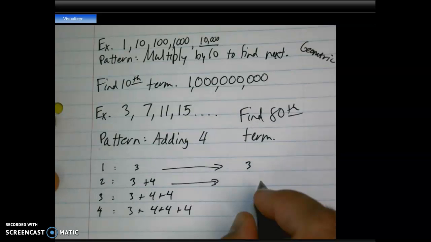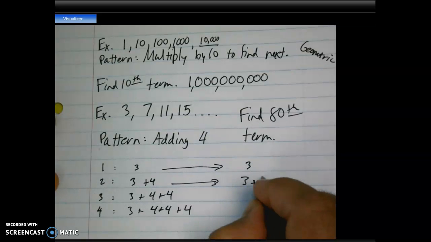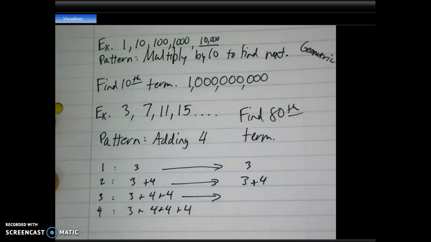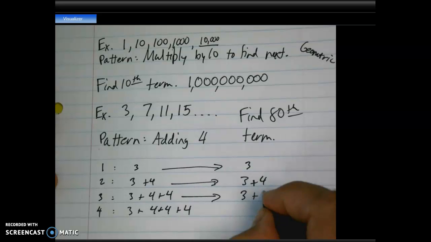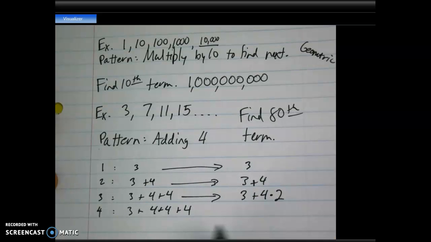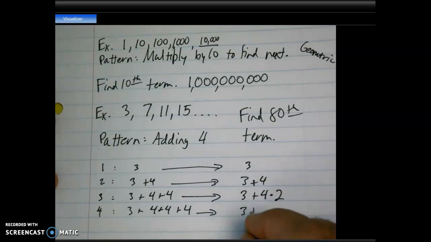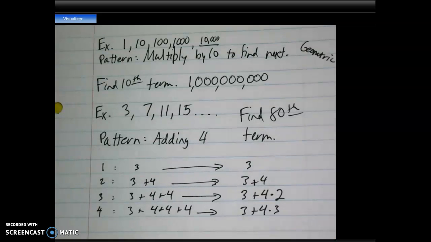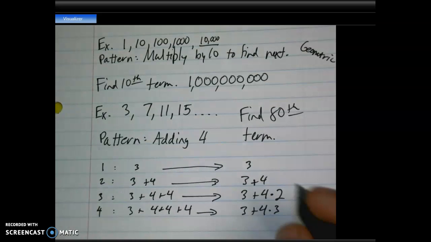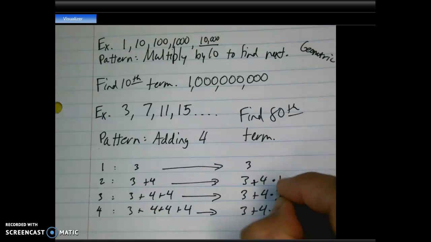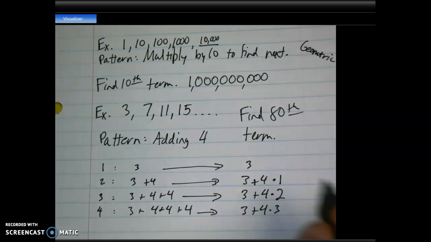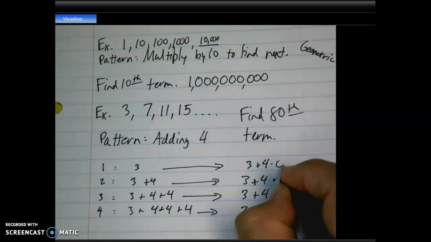The second I'll leave as 3 plus 4. But for this one, I'm going to use the definition of multiplication to say that's actually 3 plus 4 times 2. This one is 3 plus 4 times 3. Using my definition of multiplication, I can also work backwards. That's simply 3 plus 4 times 1, and this would be 3 plus 4 times 0.